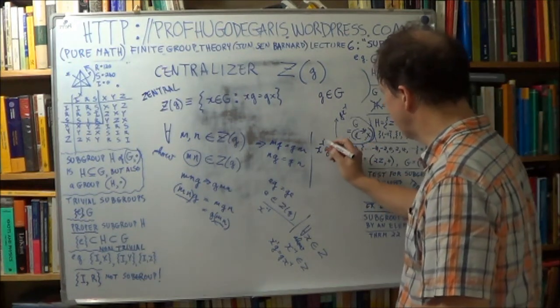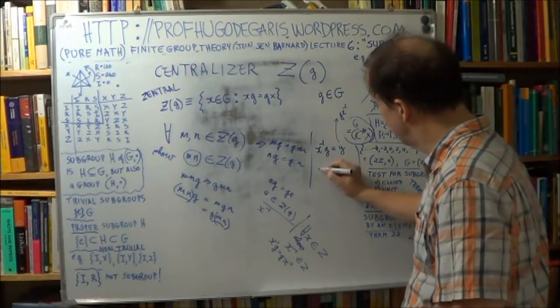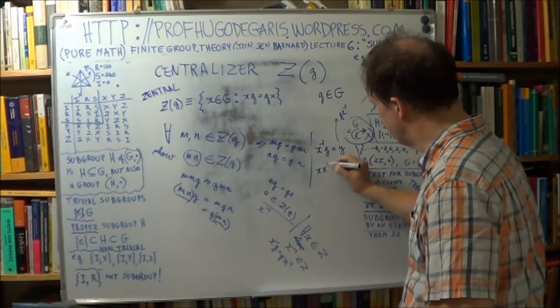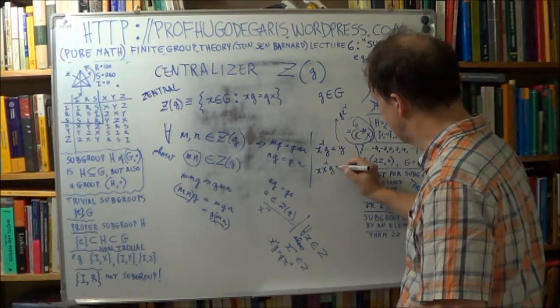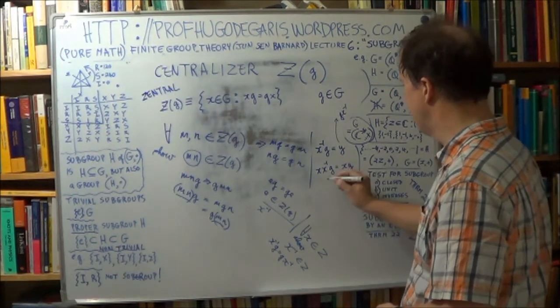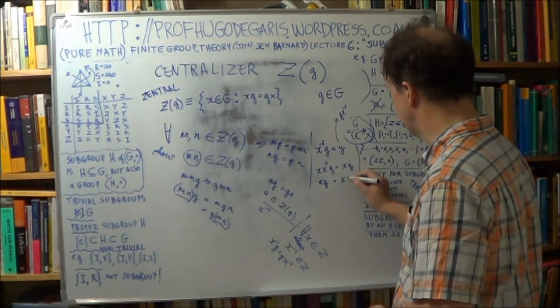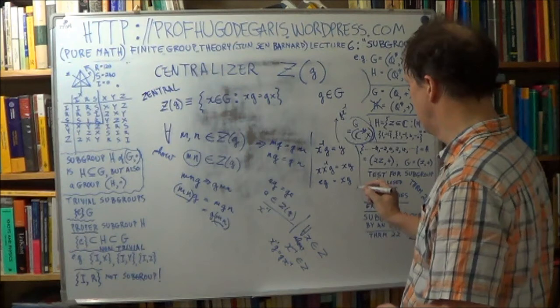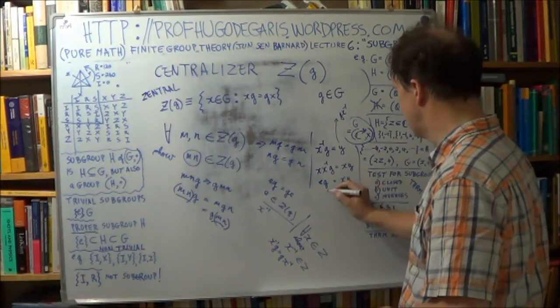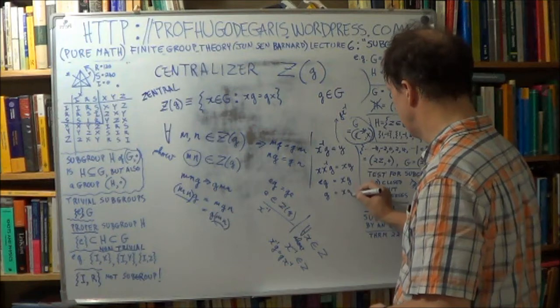Pre-multiply by x, so you get x x inverse g equals xy, which is just eg equals xy, so g equals xy.